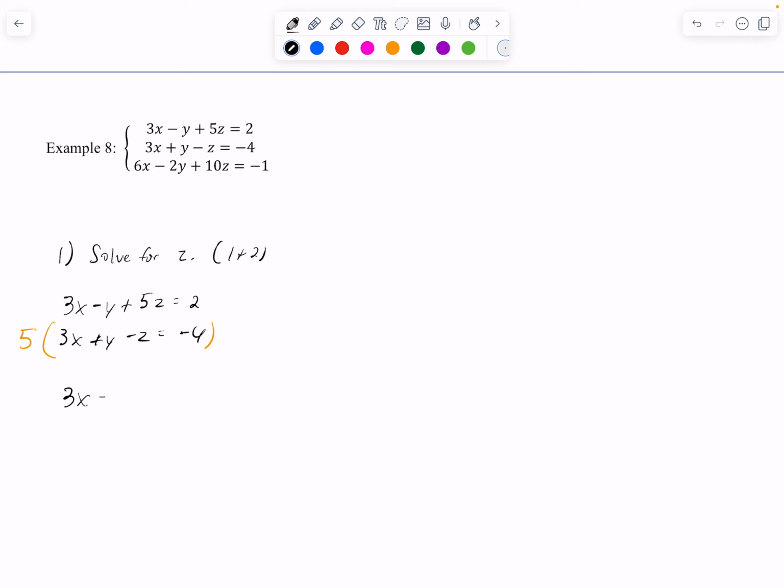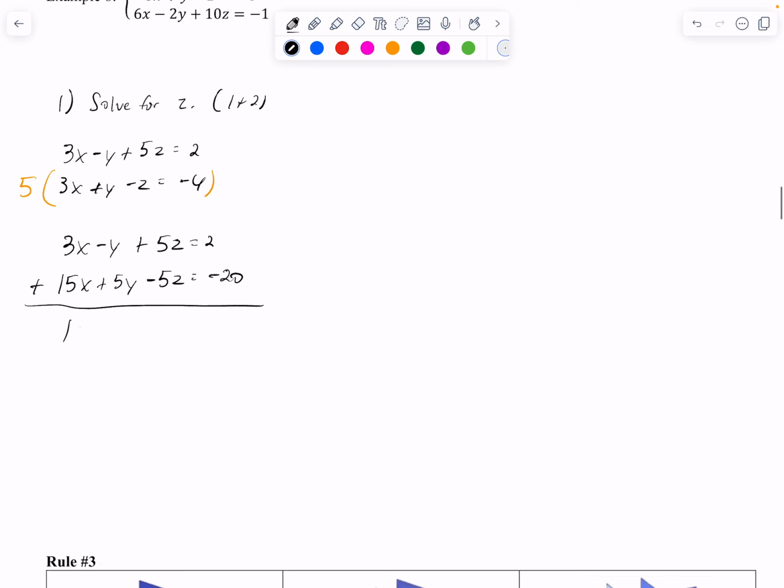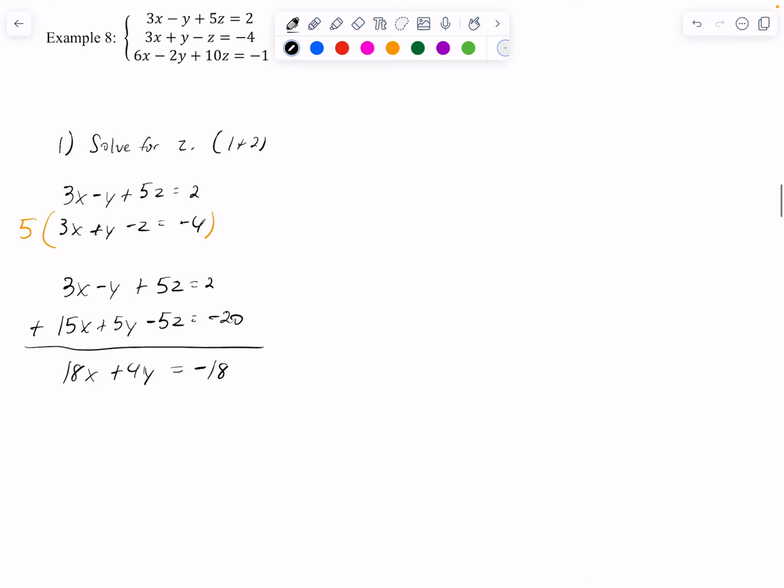So 3x minus y plus 5z equals 2, and 15x plus 5y minus 5z equals negative 20. And I'm going to add to eliminate, which is going to give me 18x plus 4y, that becomes 0 for my z's, equals negative 18. All right, so far so good.